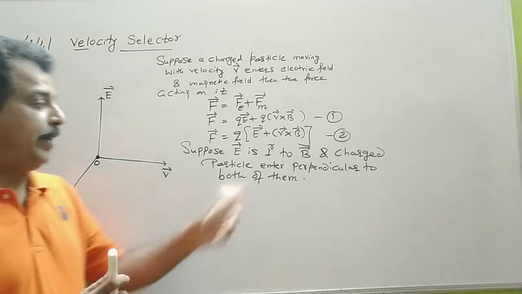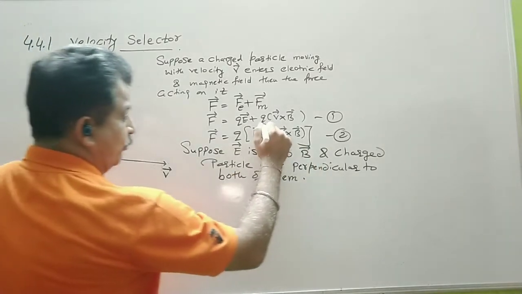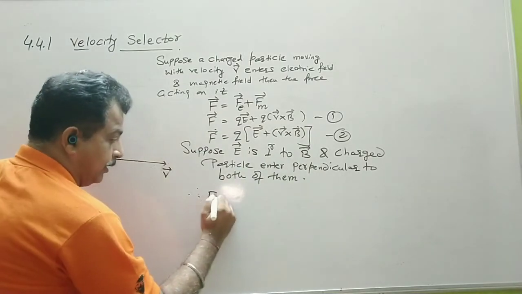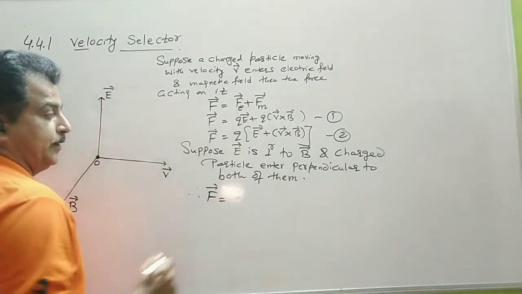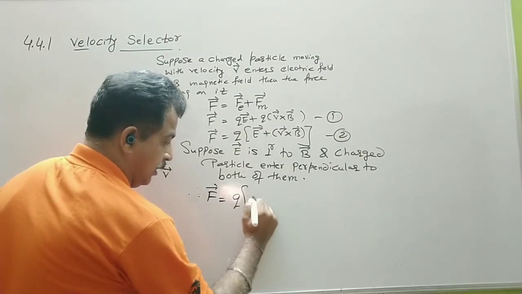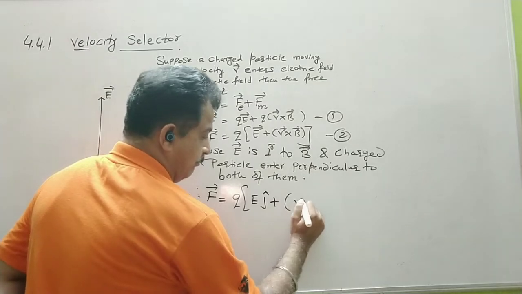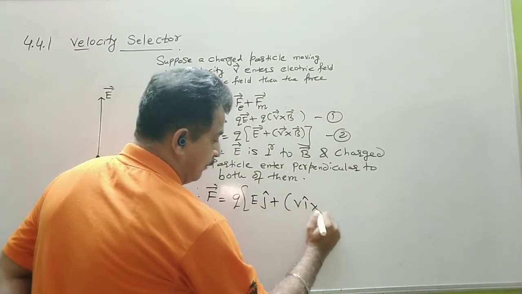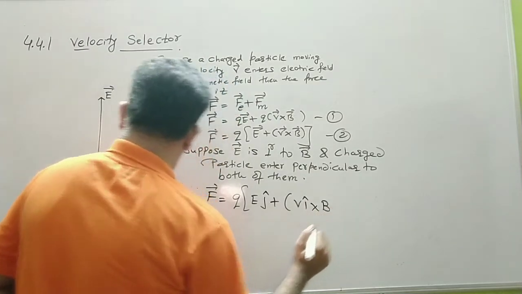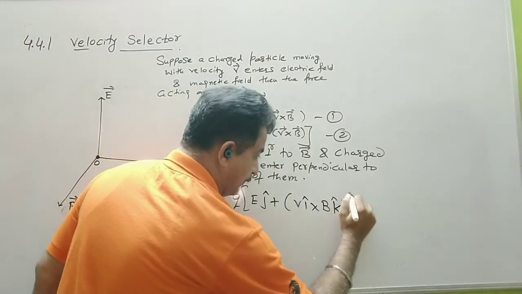But if we have a magnetic field, let us see what will be the direction of this force. Therefore F vector can be written as Q (E j cap plus V i cap cross B), and this B is taken along the z-axis, that is k cap.